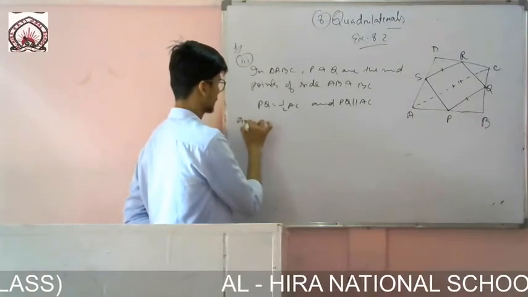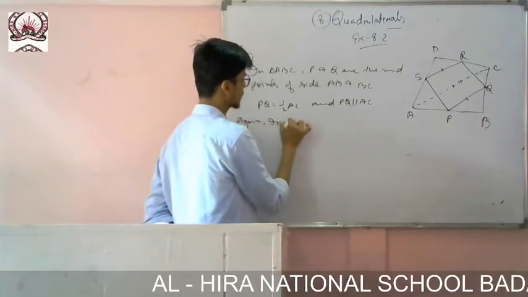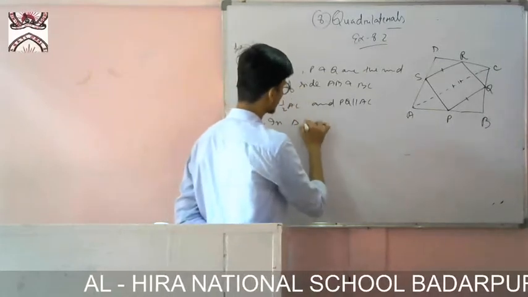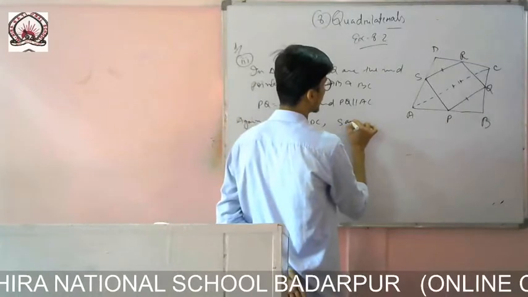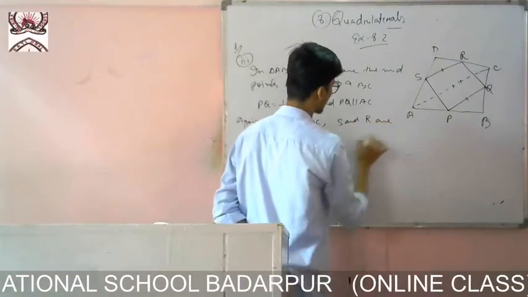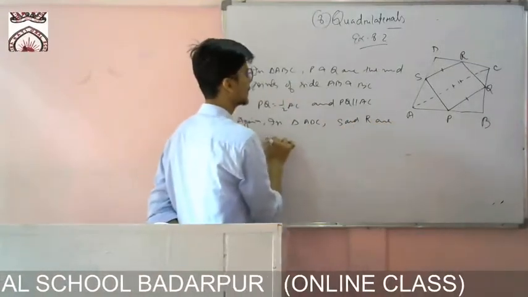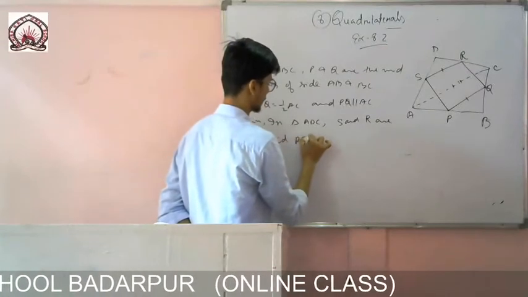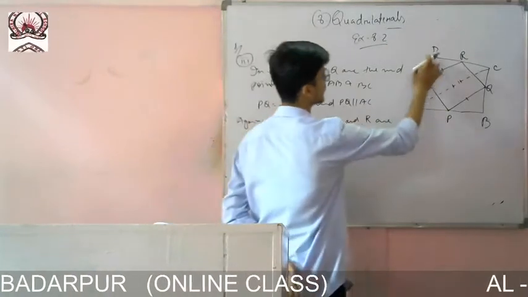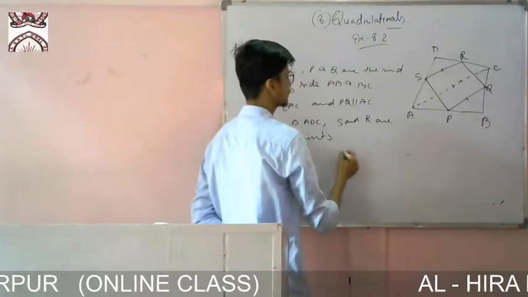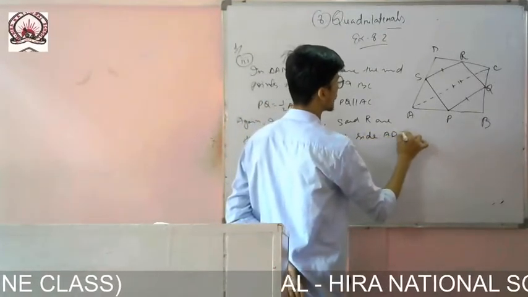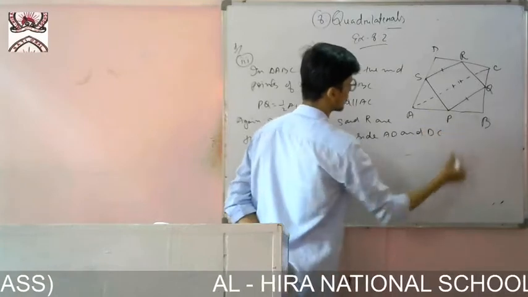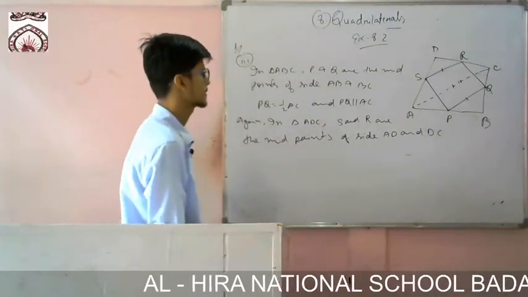Again, in triangle ADC, S and R are the midpoints of side AD and DC. Okay.